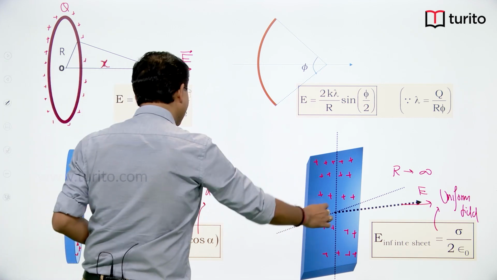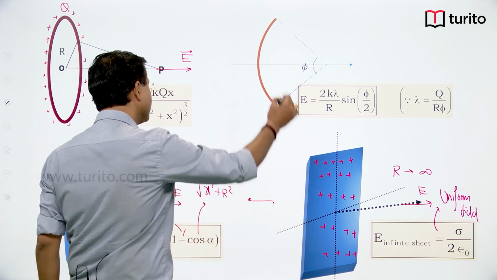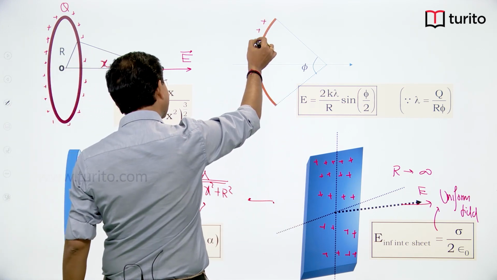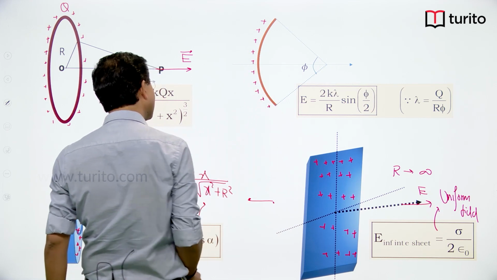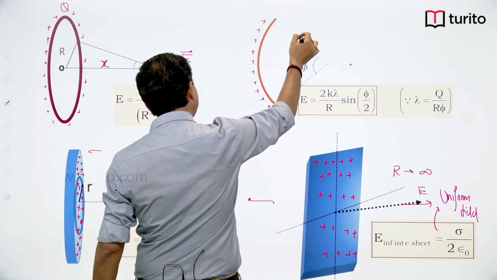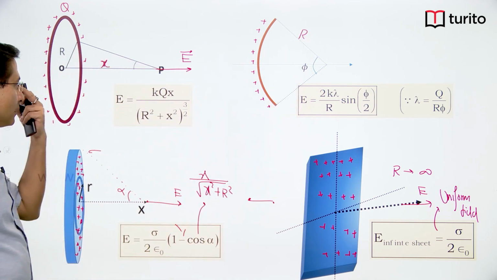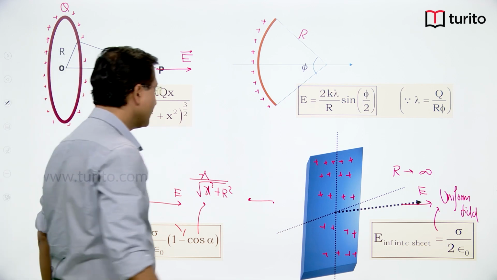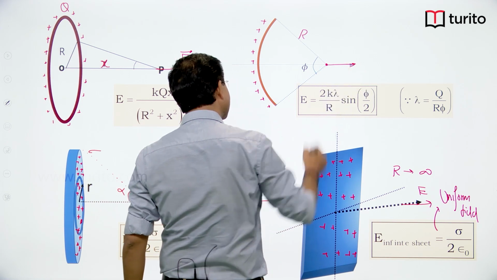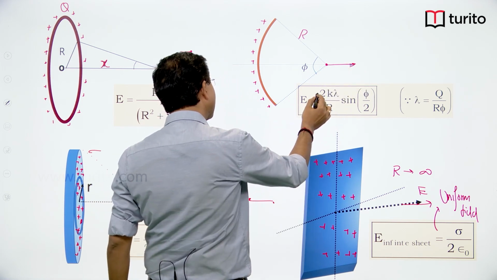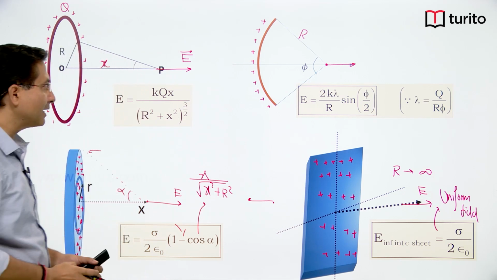Apart from these three, we also discussed the field produced by a circular arc. If I take a circular arc of radius capital R, then the field at the center of the arc was away from the distribution like this, and the magnitude is given by 2k lambda by R times sin phi by 2, where phi is the angle subtended.